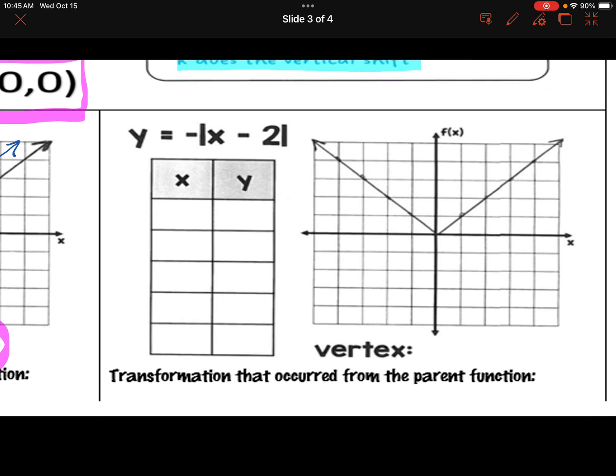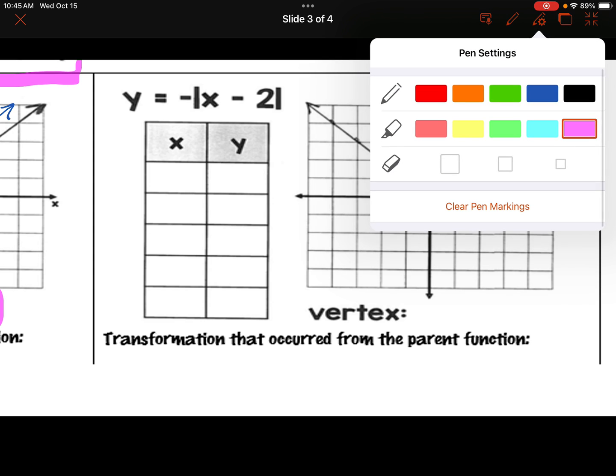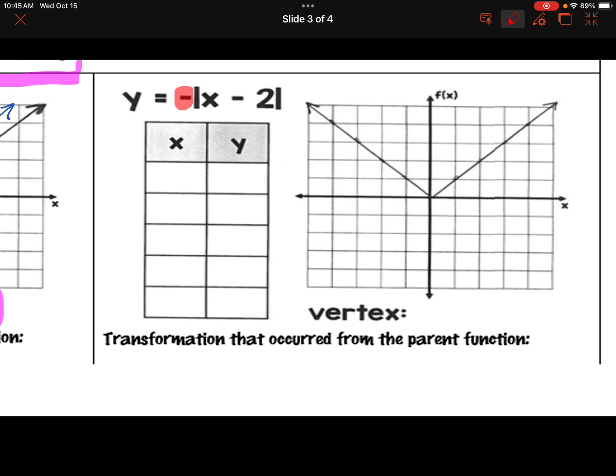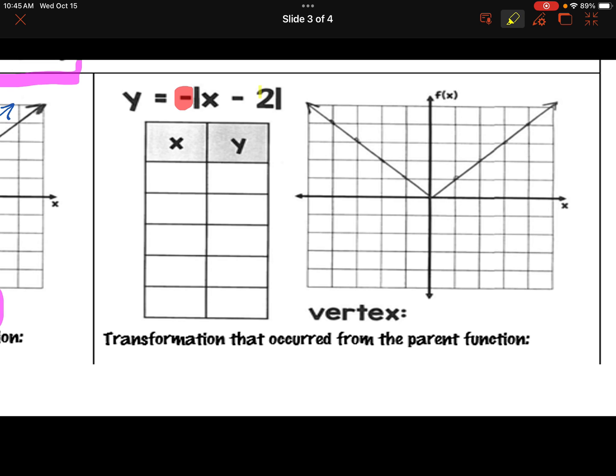So what I think should happen, I don't see anything on the outside, no plus or minuses, so I don't think it's going to go up or down. I do see a negative out here, so I think it's going to get reflected over the x-axis. And then there is a number in here, this -2, and so I know that I need to make the center of my table be 2.